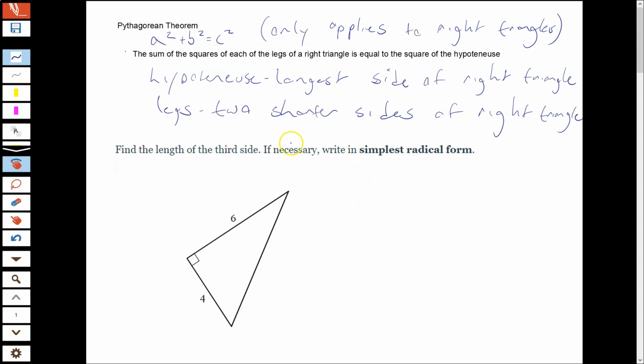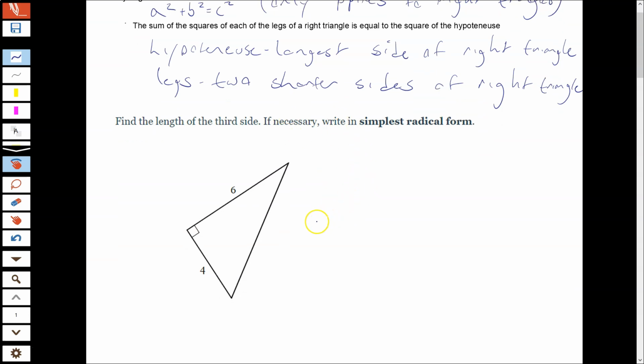Let's do some examples here. So the thing to note here is which side is which. I'm going to label my sides A, B, and C. I would suggest, as you do these, redraw a triangle on your scratch paper, because the common mistake is not putting the hypotenuse in the right spot. So drawing it and then labeling it will help you avoid that.